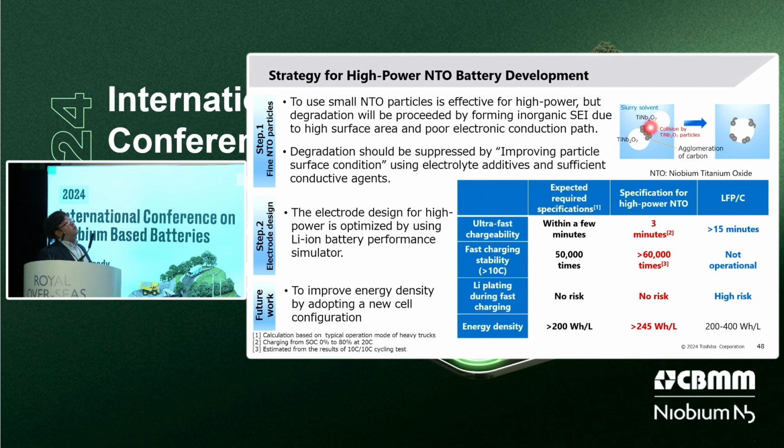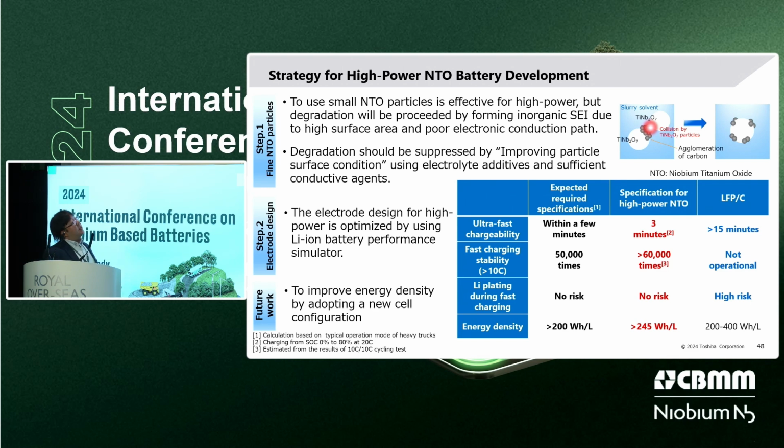So degradation should be suppressed by improving the particle surface condition by using electrolyte additives and sufficient conductive agent. And we have developed this as step one. And as step 2, we optimize the electrode design for high power by using the battery performance simulator.